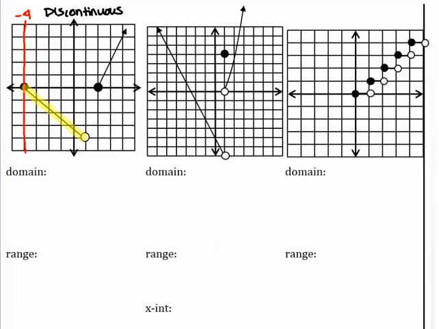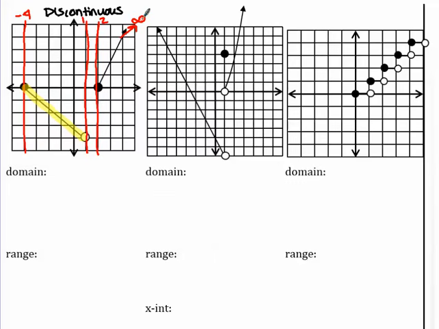So I'm going to have to write the domain in two different pieces. So if I follow this piece, it stops there, which is at 1. Then the other piece of the function starts at 2 and continues off to infinity.